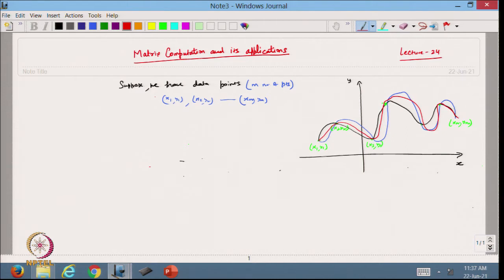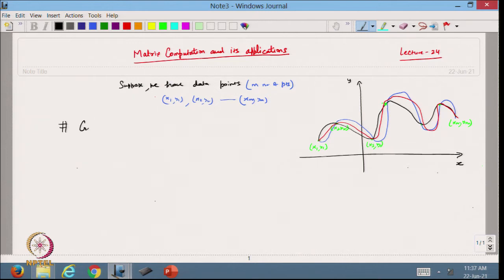In this way we can show a large number of polynomials passing through these points. So, based on this one I give you one statement.